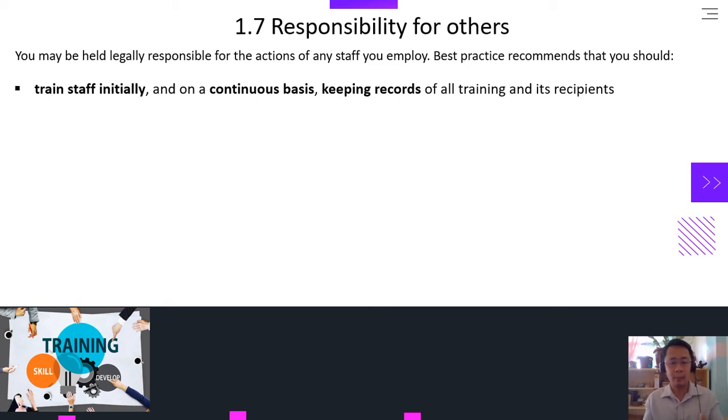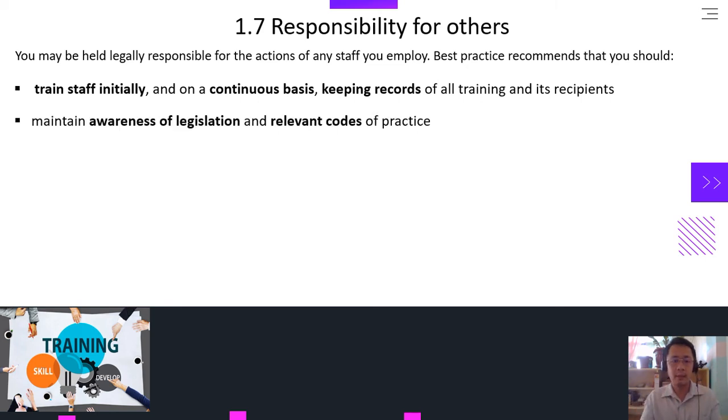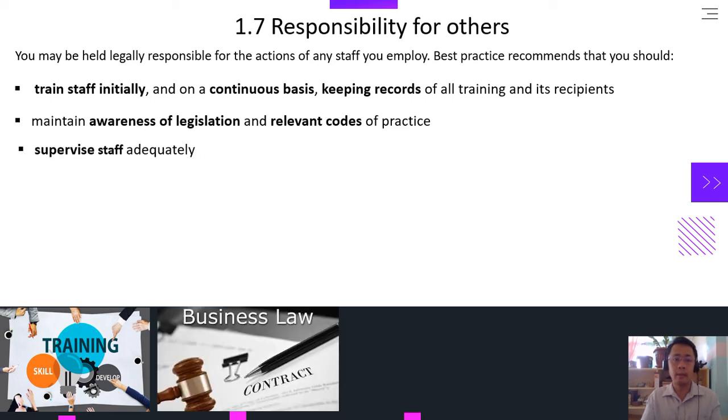Training will help you develop their skills and attain that level of expertise. Maintain awareness of legislation and relevant codes of practice. This is very important.